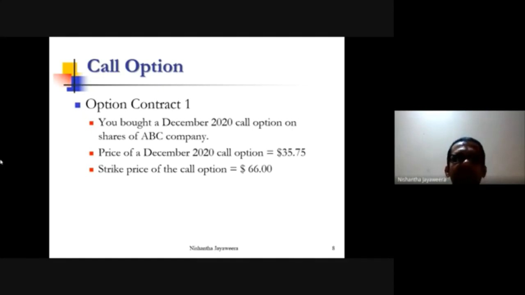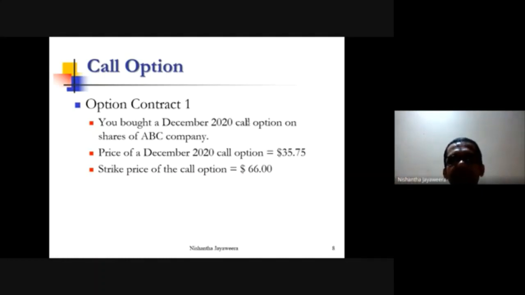So this is an example, contract 1. You bought a December 2020 call option on shares of ABC company. Again, I have used an example of an exchange traded one, so I have not specifically mentioned on which date in December. It is defined by the exchange. Don't worry about it. Somewhere in December, this option contract expires. You have bought a call option. That means you have the right to buy the underlying.